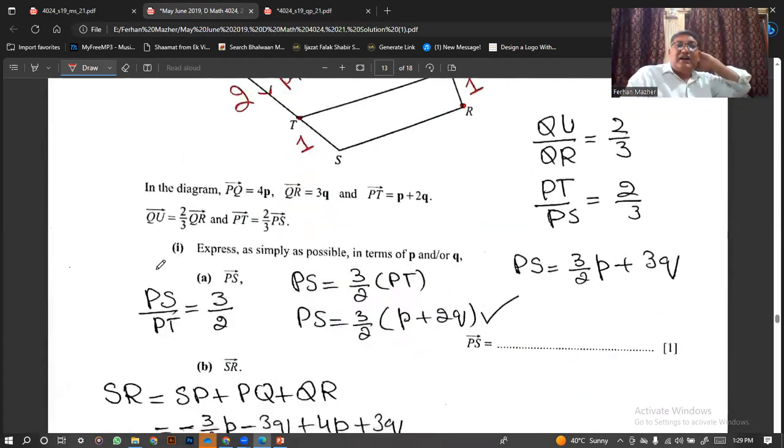So the PS divided by the PT will be equal to 3 by 2, because the PS is 3 and the PT is 2. The PS will be equal to 3 by 2 of the PT. I know the value of the PT. So the PS will be equal to 3 by 2, and the PT value is P plus 2Q. So the PS will be equal to 3 by 2 small p plus 3Q.